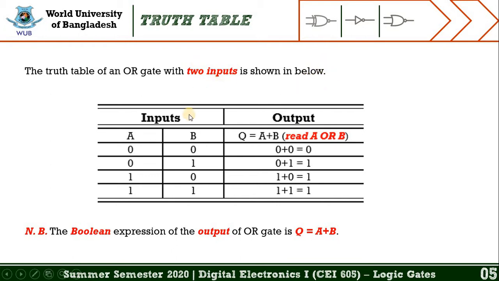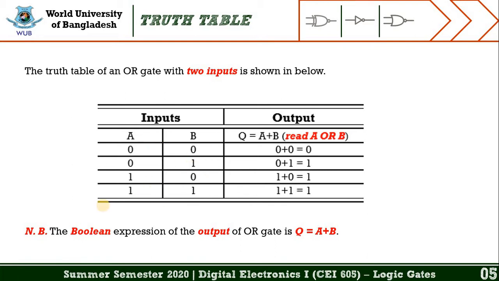From the table you may notice that there are 2 inputs, one designated by A and the other by the English letter B. The output column gives A or B, and the function of the OR gate is close to the operation of addition in mathematics.